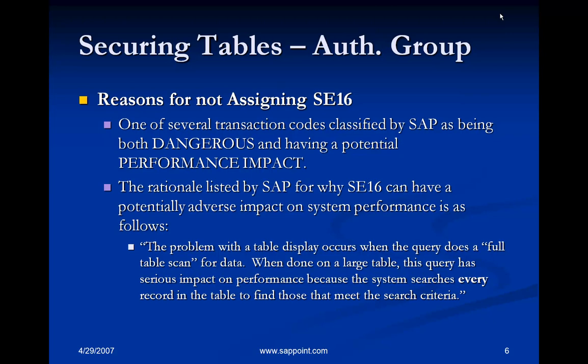When done on a large table, this query has serious impact on performance because the system searches every record in the table to find those that meet the search criteria.